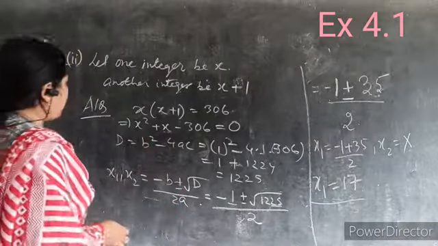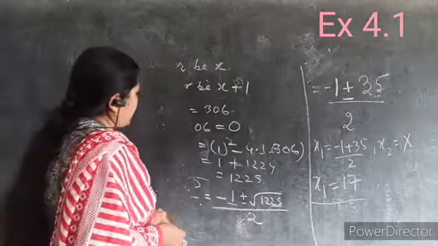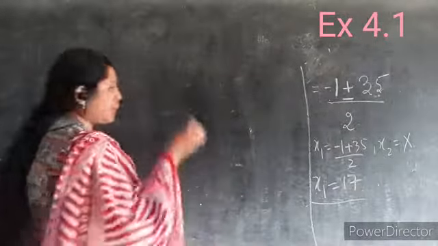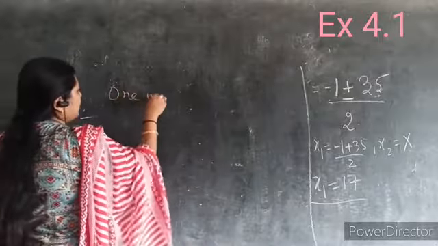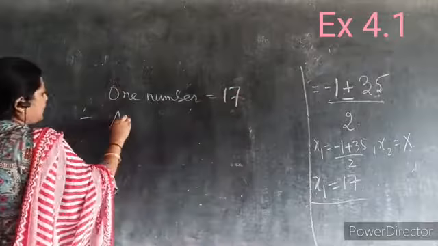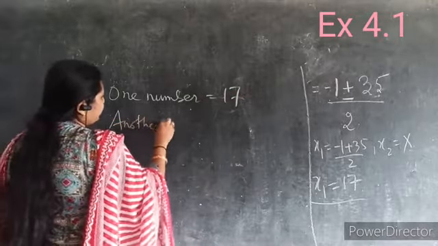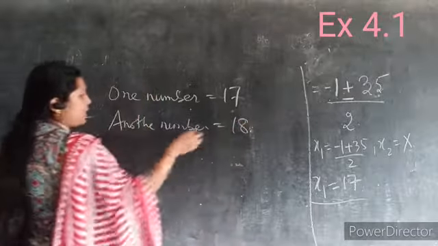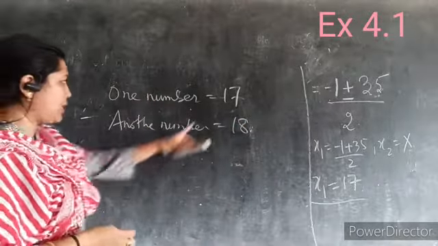So what can we conclude here? We can conclude that one number will be 17 and the another number will be coming as 18. Okay, because it is a consecutive positive number. Now the answer is correct or wrong?